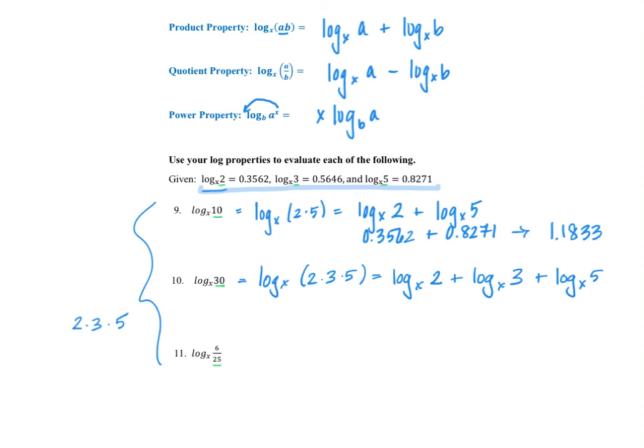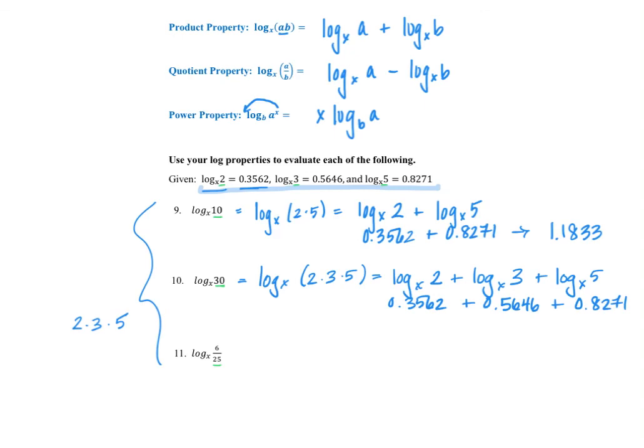I'm now going to make a substitution with those decimals that I was given. Log base x of 2 is 0.3562. Log base x of 3 is 0.5646. And log base x of 5 is 0.8271. Let's add those together.